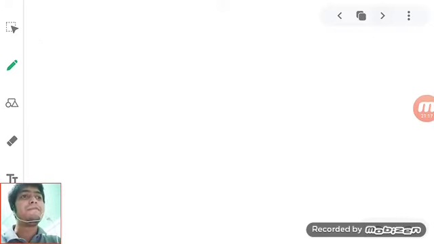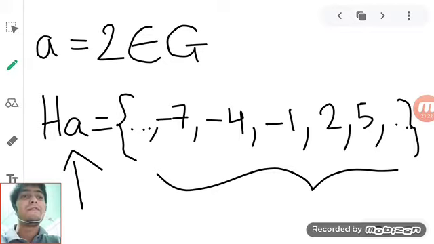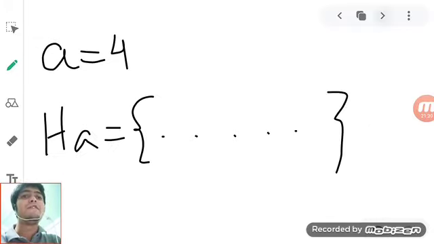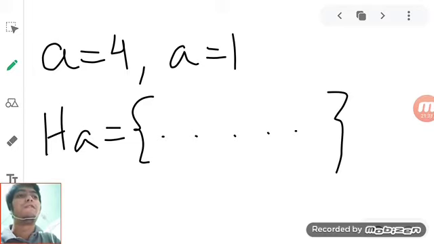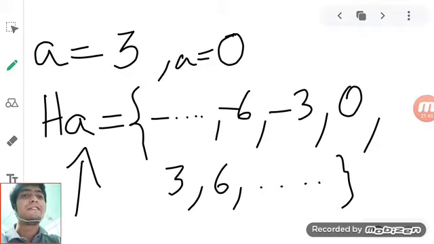If you see, the cosets repeat. So just like this one, when A equal to 3, it is the same thing as when A equal to 0. Similarly, when A equal to 4, you will find that it will be the same coset as when A equal to 1. So they keep on repeating these cosets. So ultimately, you will be having only 3 distinct cosets.